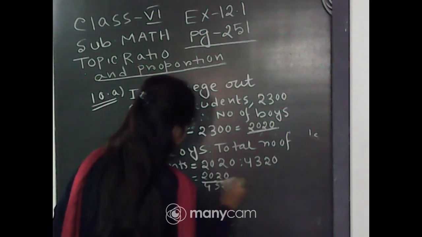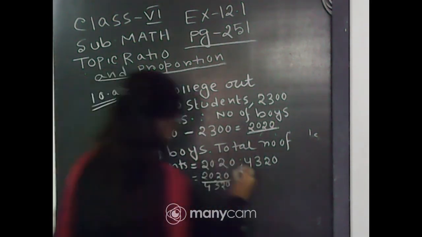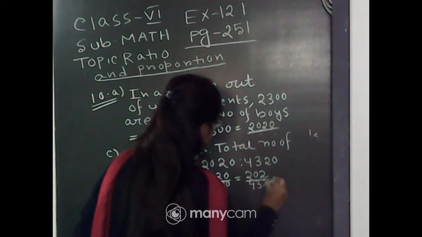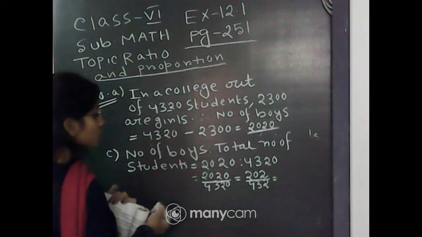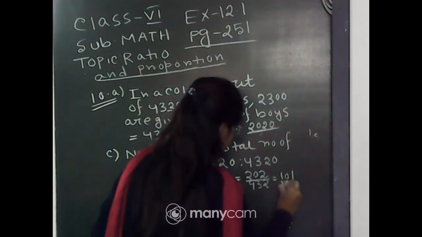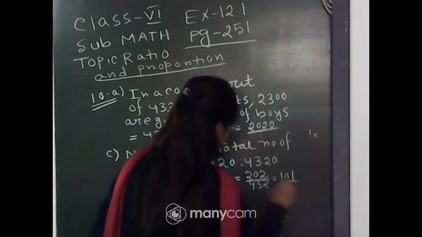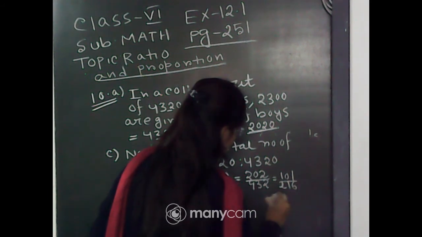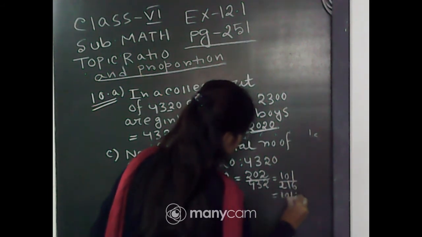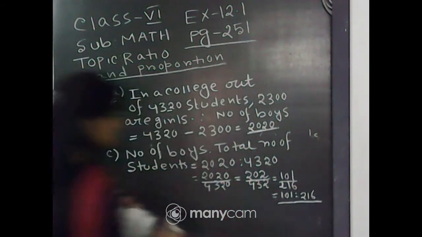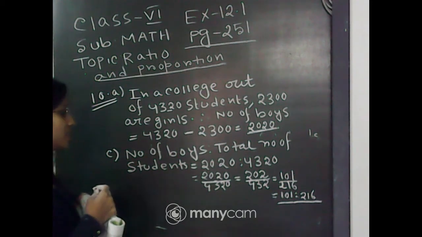Now we divide both the numerator and the denominator by 10 and we get 202 divided by 432. Again we divide both by 2 and we get the required ratio 101 is to 216.